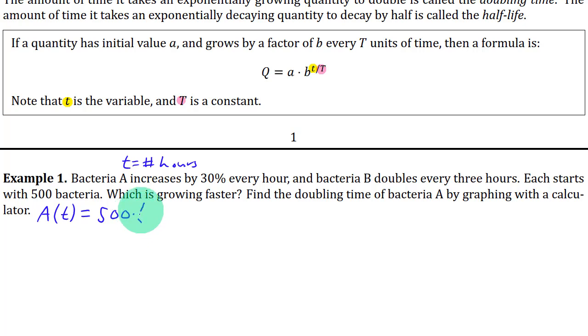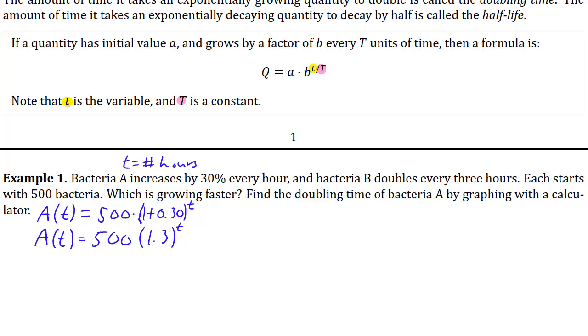So we can write this as 1 plus 30% to the power T. Every time T goes up by 1, we multiply the amount by another factor of 1.3, which increases it by 30%. So that's the formula. We could also write this in the form 500 times 1.3 to the power T. So that sounds good. Now that's A of T.